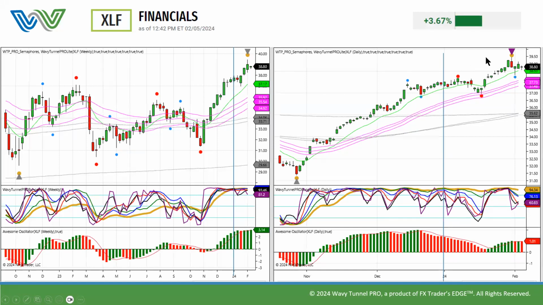If you look at the daily, we had a nice opportunity to get into this right over here. This is the start of the year, the vertical, a nice opportunity. Now you would want to wait for a pullback. Is it ideal to get in here?